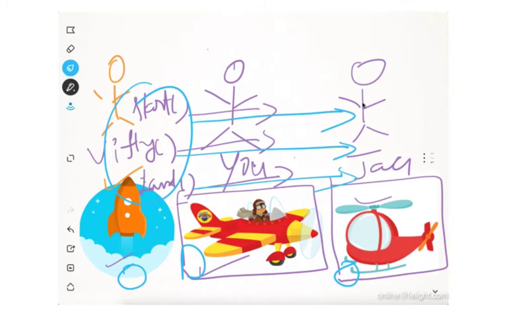Now what happens? You, James Bond, what will you do? You will implement the start method, and then you will implement the fly method also. So two methods are done. Now by the time you are supposed to implement the land method, your girlfriend calls, right?